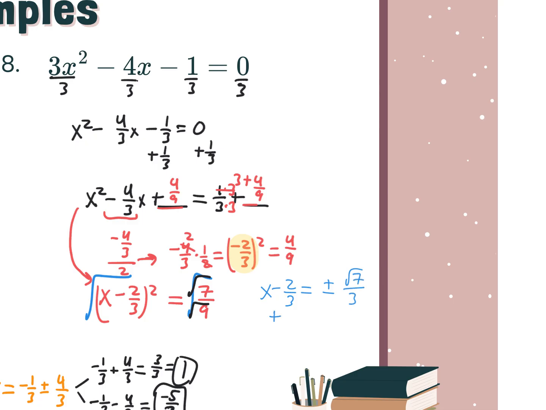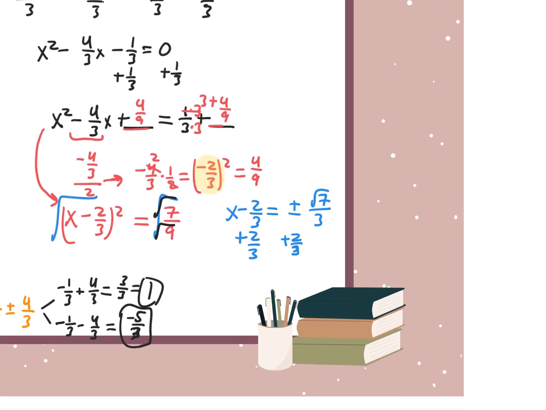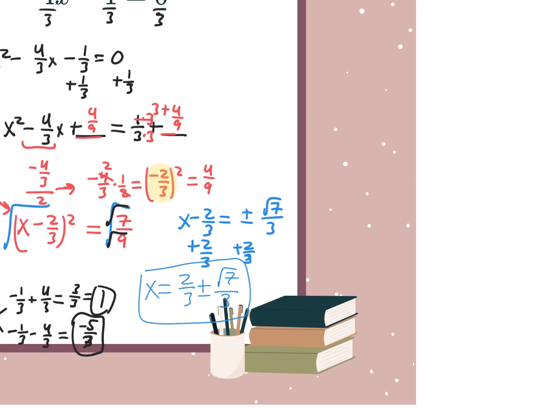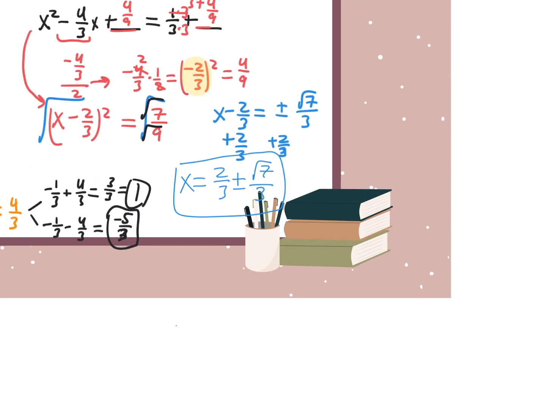Then I can add 2/3 on both sides, and we get x equals 2/3 plus minus the square root of 7 over 3. That would be your final answer. Just like before, if you want, you can write it under a single fraction. They both have the same denominator, so I can write 2 plus minus the square root of 7 over 3, just like that.